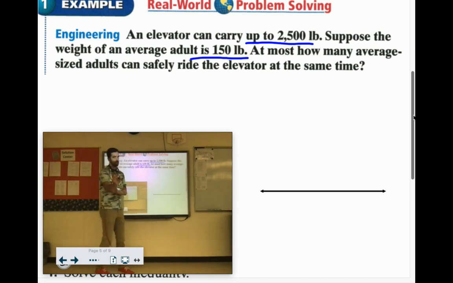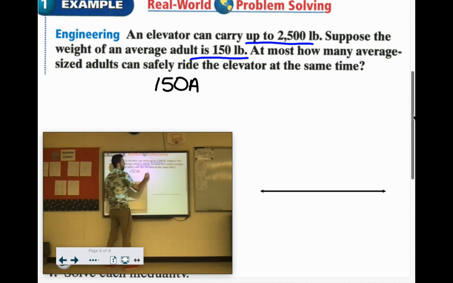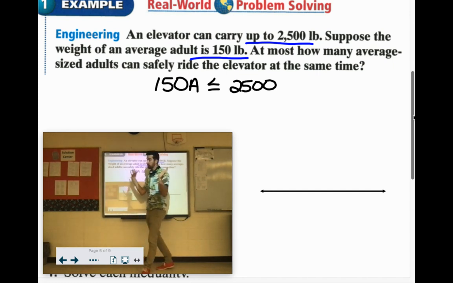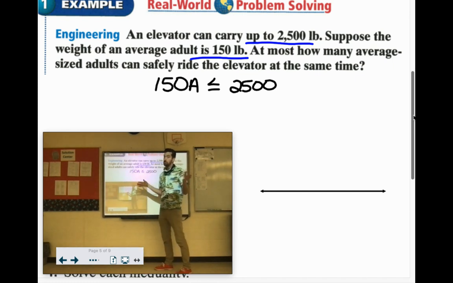Now, I just made up the 3. So it's always going to be 150 times the number of adults, A. It can carry up to 2,500 pounds. So it can hit 2,500, but it also has to be either less than or equal to 2,500 pounds. You can't go over it, otherwise that elevator might fail.